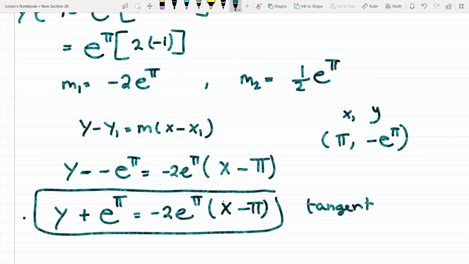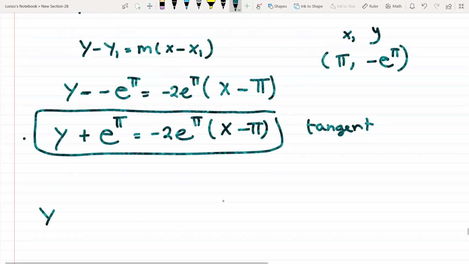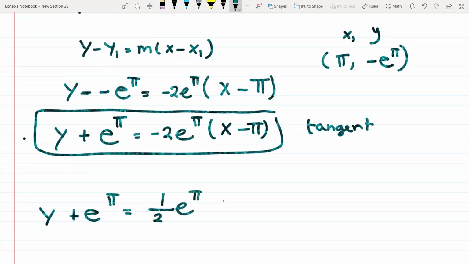What is the equation for normal? So this time for normal, we're going to use this slope, 1/2 e to the pi. So it's y plus e to the pi, and then my slope is, no, we're not going to use -2 e to the pi, we're going to use positive 1/2 e to the pi.